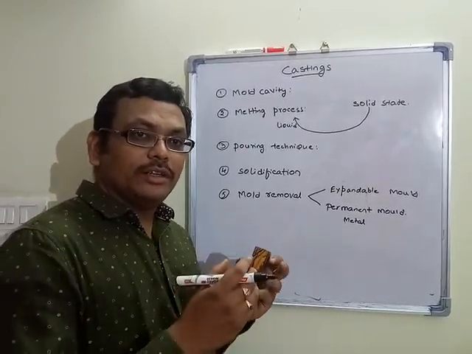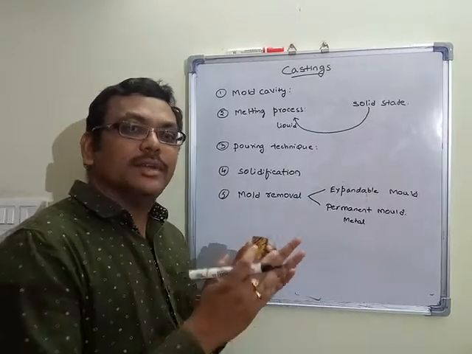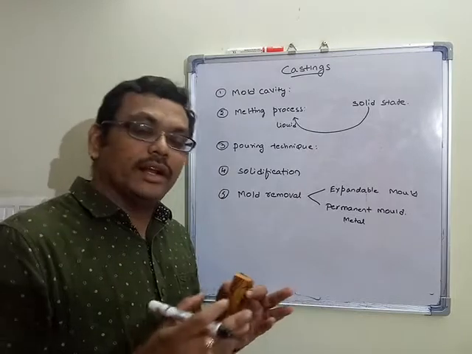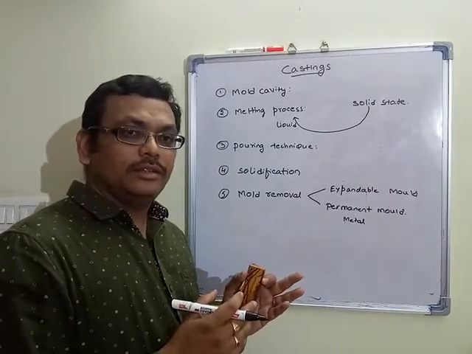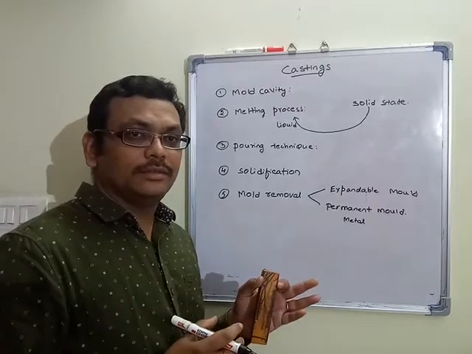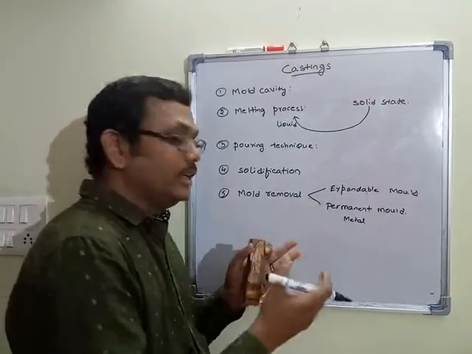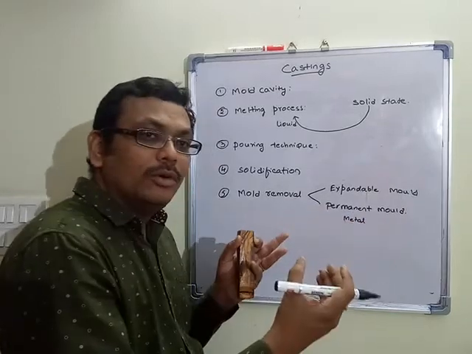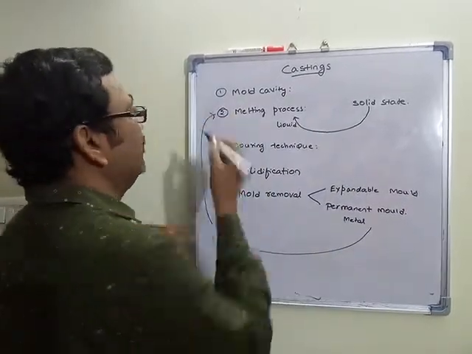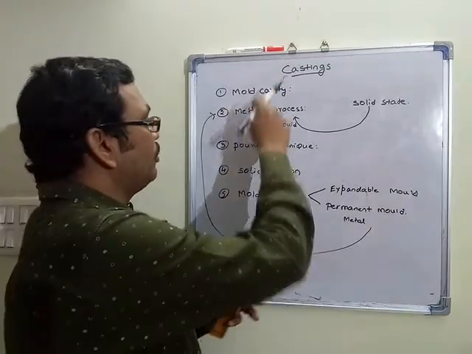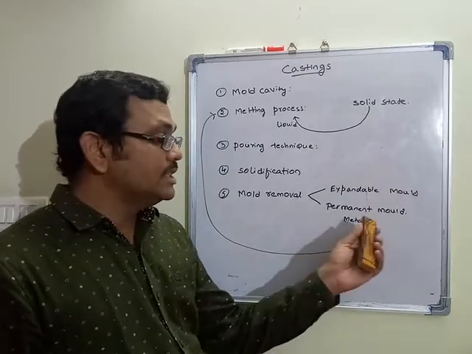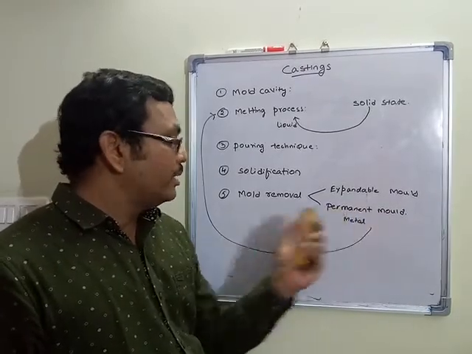If a component is required in mass production, meaning more than 1000 or 2000 quantity, we call it mass production or bulk production. So one after the other we remove the mold, and again that mold is prepared for the melting process, and the process repeats. So this is about the permanent mold.